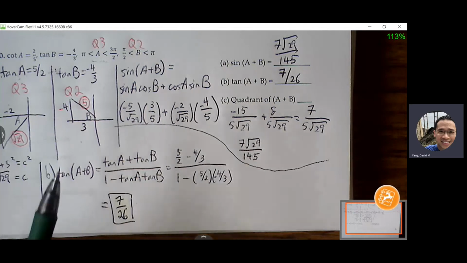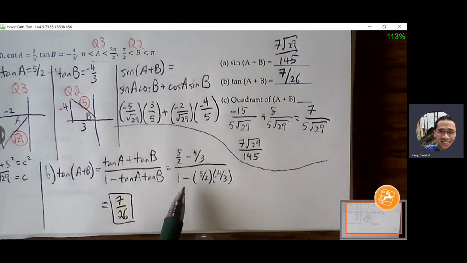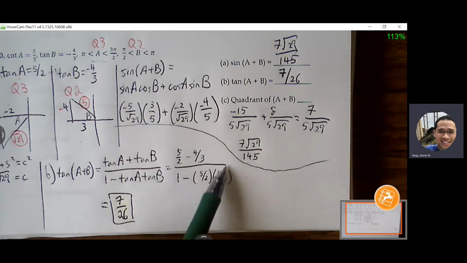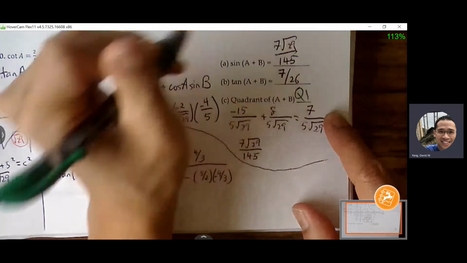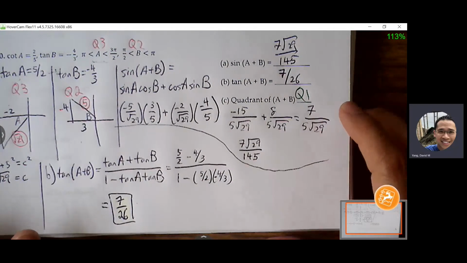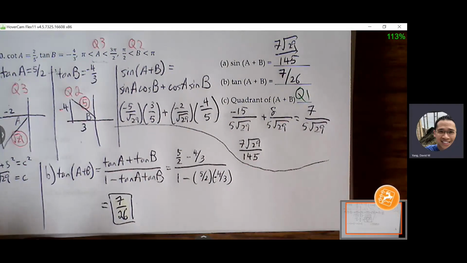As long as there's only one negative, it'll work out the same way. Do you guys confirm that my calculation matches yours? Anybody confirm that? 7/26. Okay. So quadrant 1, both sine and tangent are positive. Okay. Questions? All right. Let me check your classwork.